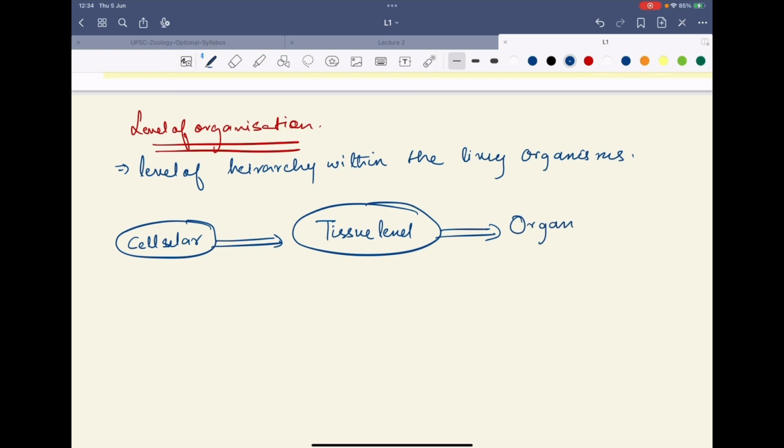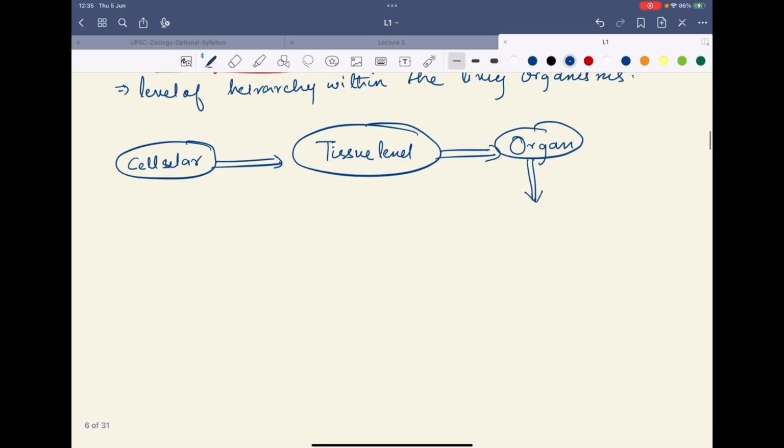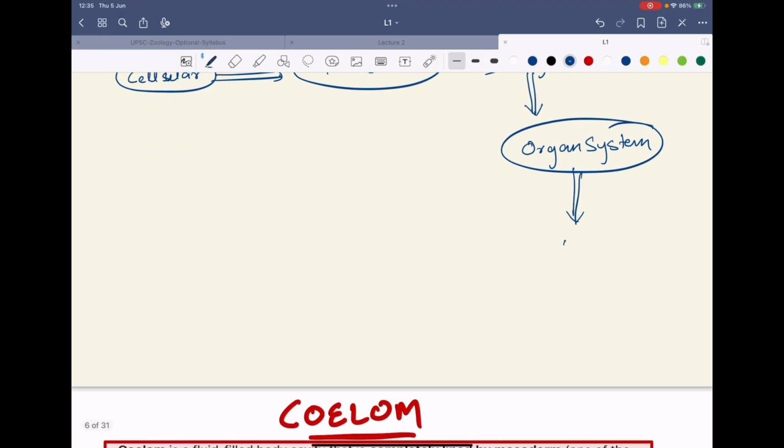There is organ, then we have organ system, and then you will observe the organism.